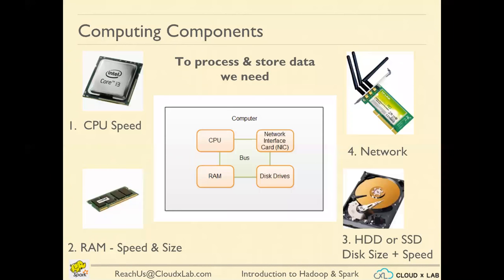In other words, when we can't fit the data into the local hard disk, we put the data into the network. If the data is not fitting into the RAM, we put it on the disk. If the data is not fitting on the local disk, we put it on the network. These are the kinds of optimizations we keep doing as software engineers. Therefore, the network plays a very important role.